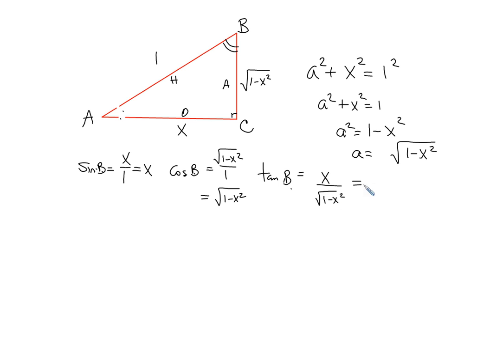Which simplifies or rationalizes to what? What does it become? X times the square root of 1 minus x squared over 1 minus x squared is correct. Very good. So these would be your tangent, cosine, and sine.